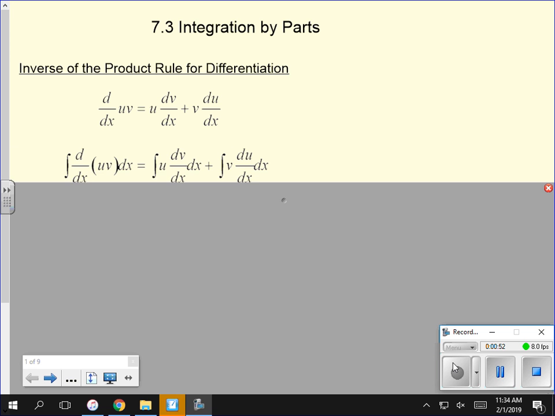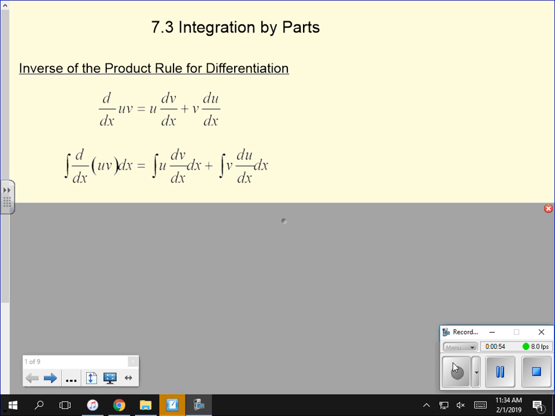If we take this and integrate, so we do the integral of the derivatives.